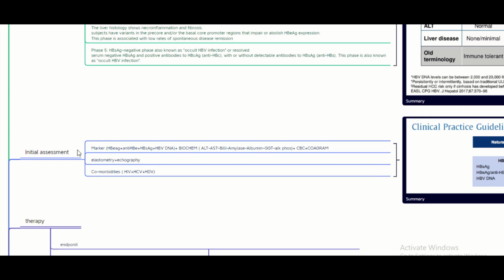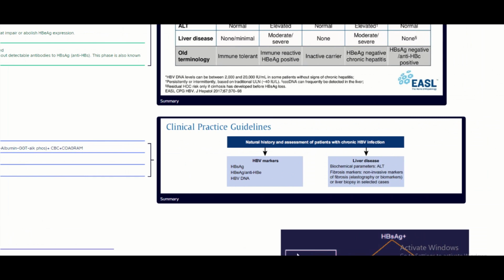Here in this table, we can find the same. Selected cases might have a liver biopsy, but in our current modern world, this is highly doubtful. It has been replaced by elastometry, since our patients usually have bleeding problems because the liver is not able to produce enough fibrinogen.